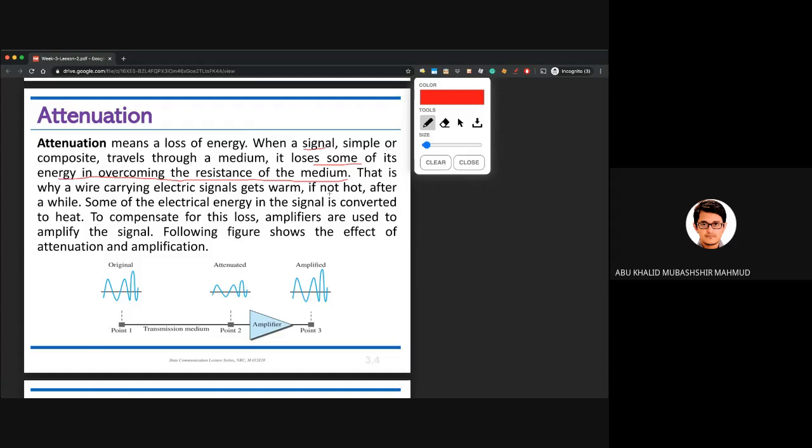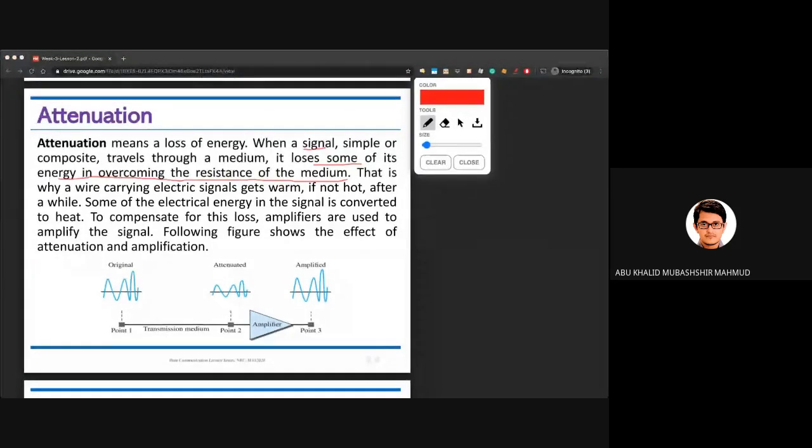The same phenomenon works for our electronic devices that we use regularly. For example, if you use constantly your mobile phone, it gets heated because the transmission makes the medium hot. The transmission medium is your device, the mobile phone, so it gets warm due to constant use.